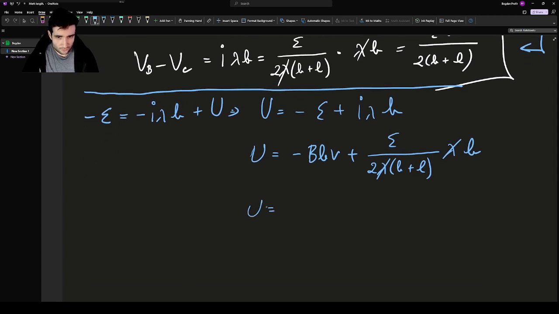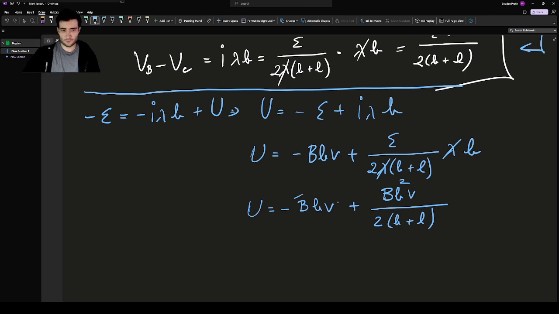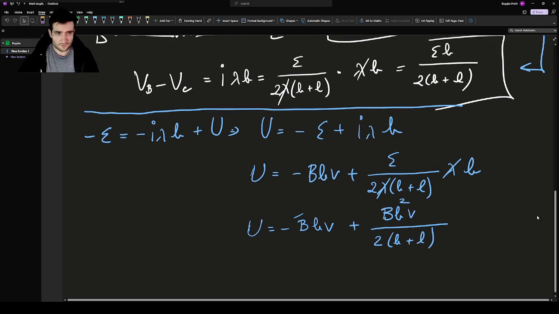So U will be equal to minus the EMF plus, and then this EMF will be the same as before, squared, because there's another B here, divided by 2B plus L. And you can create a common denominator and solve it in this way, but I'll just leave it in this form.